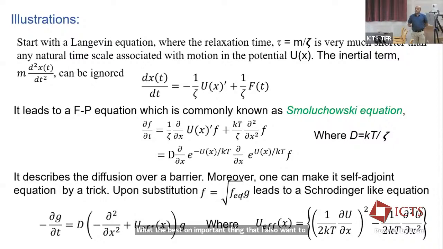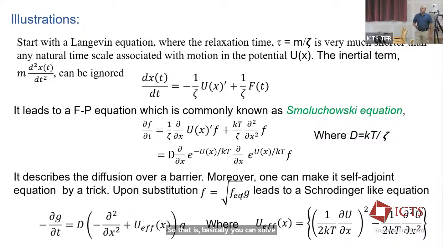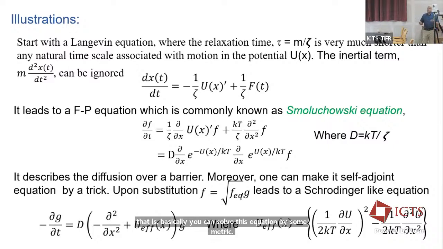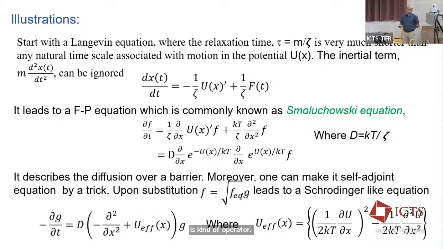One more important thing that I want to mention related to that equation, because it is not always true: you can solve this equation by some trick. The idea is that this is a partial differential equation, so it is a kind of operator. If we can take the adjoint of that operator, and if it is self-adjoint, then this equation can be converted to such an adjoint equation.